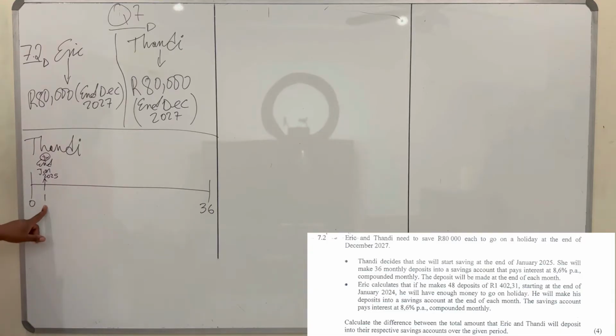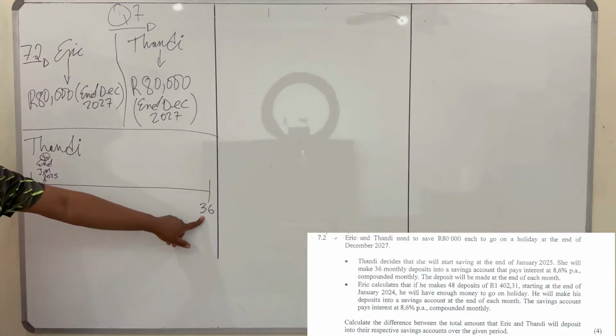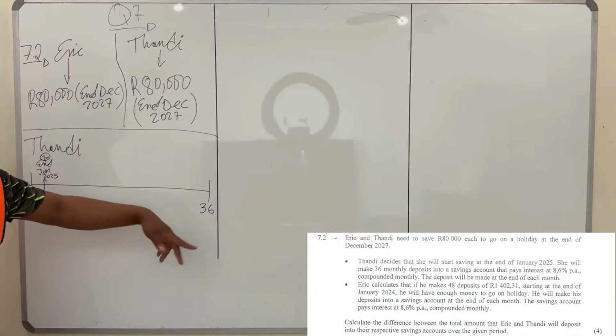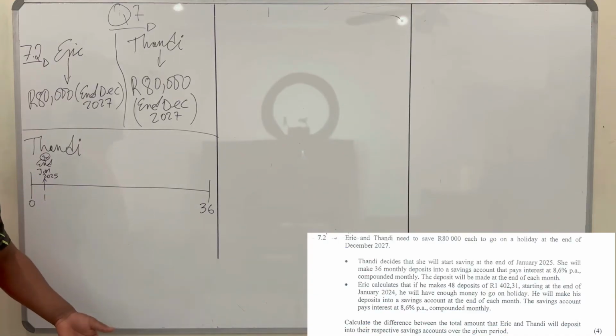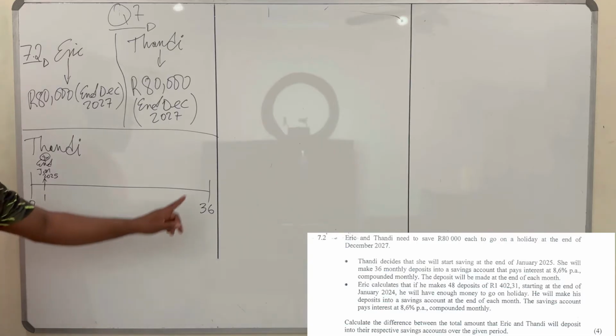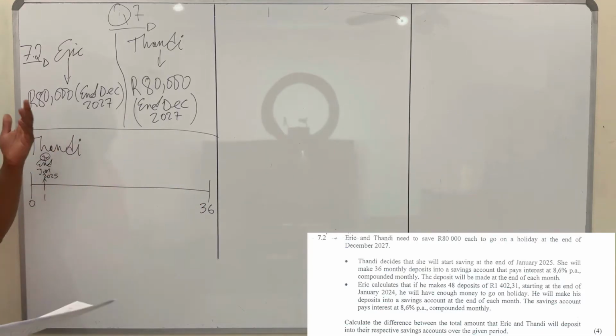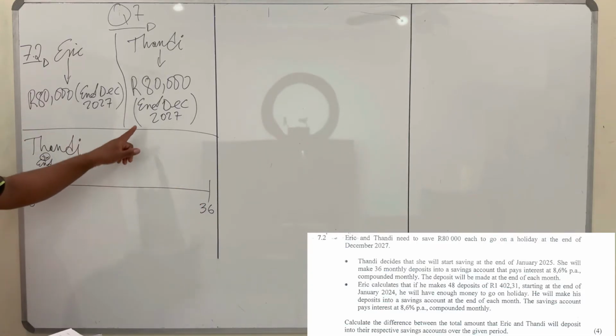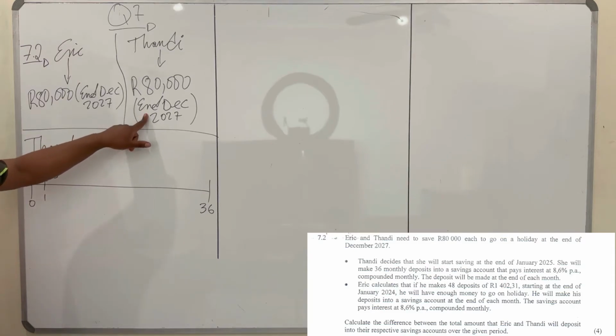Because look, the first payment was made on the first month, but at the end of the first month. This is the end of January. So the last payment should be made at the end of December, which is 3 years later, which is 36 months later. Because we know that the trip that they want to go to is at the end of December.